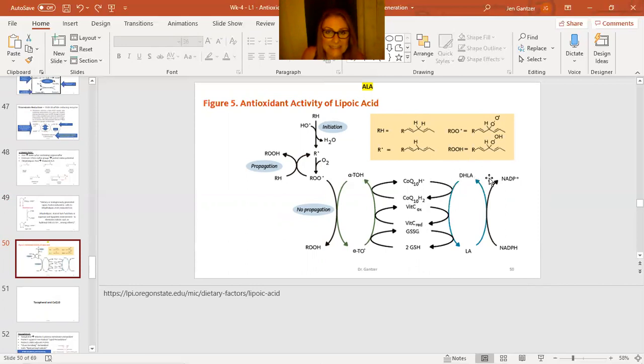Alpha lipoic acid in its dihydro state is in this picture relying on NADPH to be regenerated so that it can react with all of these. Any of these 3, this is oxidized CoQ10, this is oxidized vitamin C, and this is oxidized glutathione. All of those can be regenerated if dihydrolipoic acid is in the vicinity to donate back its hydrogen.